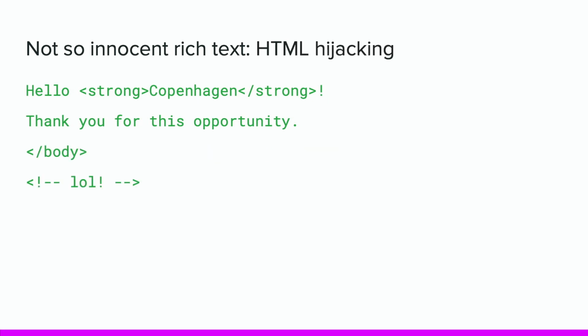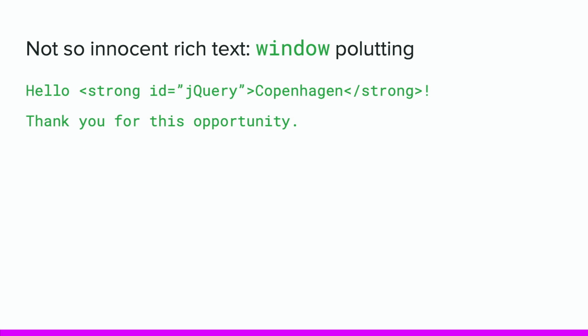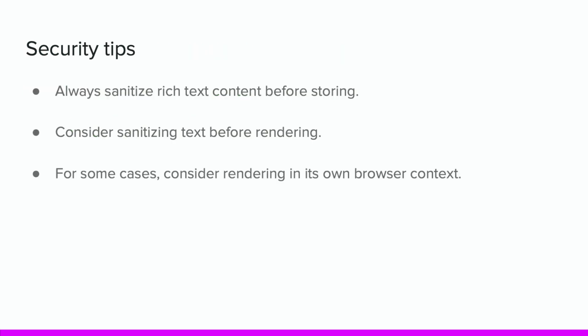Here we have some HTML hijacking, where we just end the web page early and stop it from rendering more content. And this is what I was talking about before: I can add jQuery as the ID, and if you're, let's say, unfortunate enough to use jQuery, you can be even more unfortunate, so you cannot use it anymore in your page after this strong element renders.